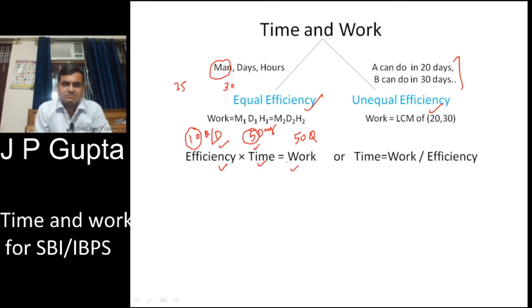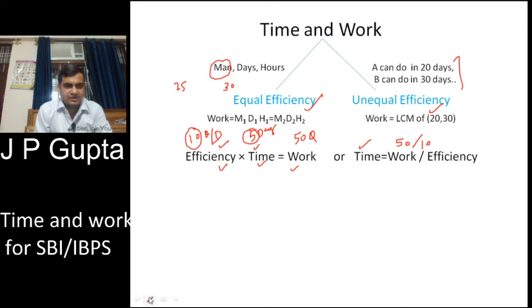Let's say we have to solve 50 questions and our efficiency is solving 10 questions per day. So 50 divided by 10, we get 5 days. Either way, out of any 3, if 2 are given, we can find the third.